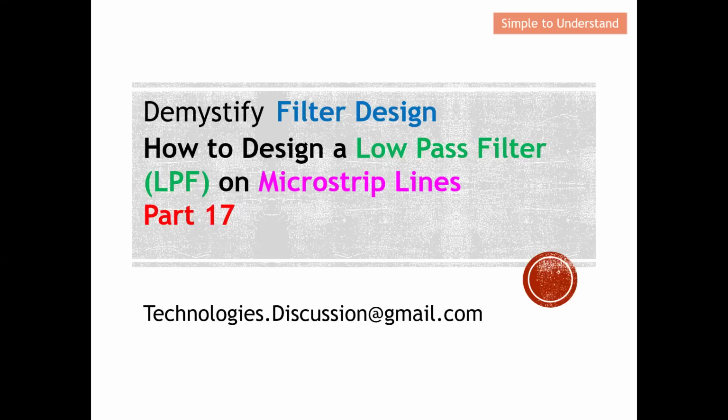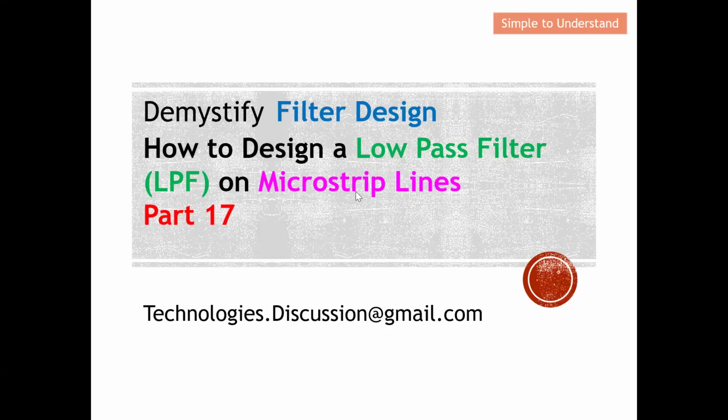Next, I will make use of Richards transformation to transform the lumped elements into transmission lines. After that, I'm going to make use of another rule, the Kuroda identity. The key purpose of the Kuroda identity is to convert the series transmission line into a shunt transmission line so that it can be easily implemented on a microstrip line.